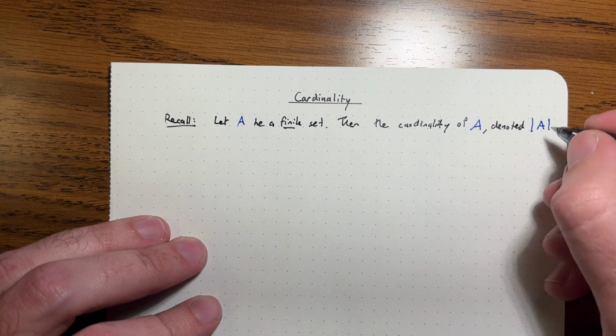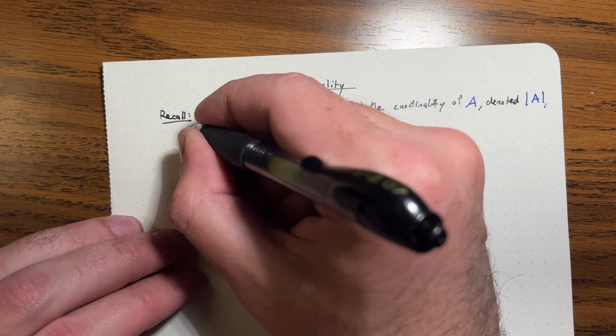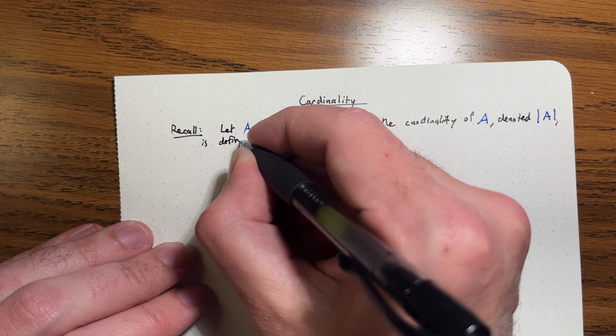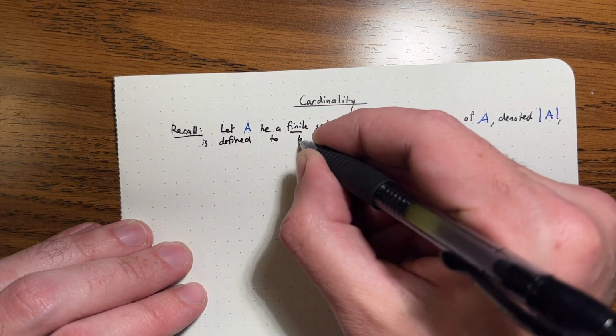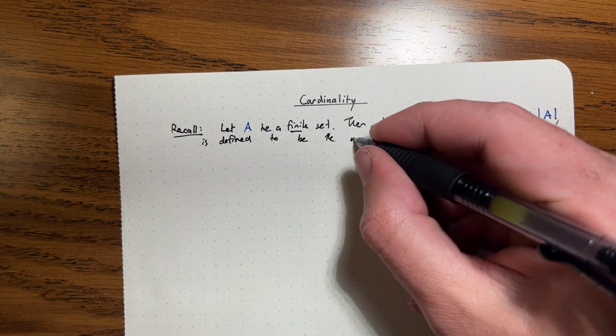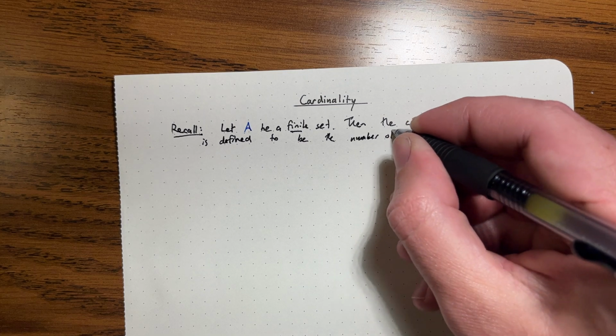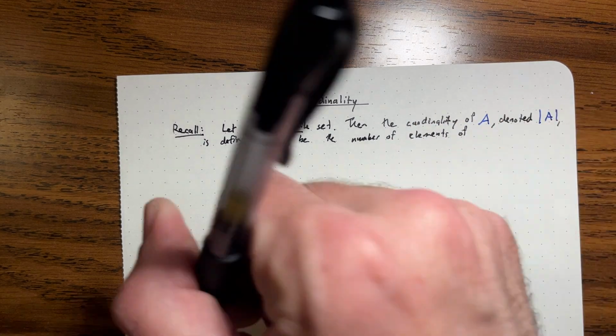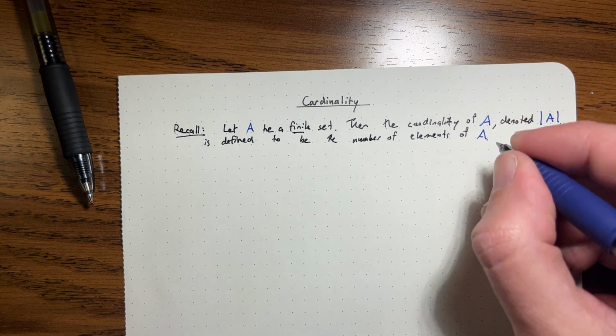So cardinality of A is how we read that. Is simply the number of elements of A. So it's defined to be the number of elements of the set A.